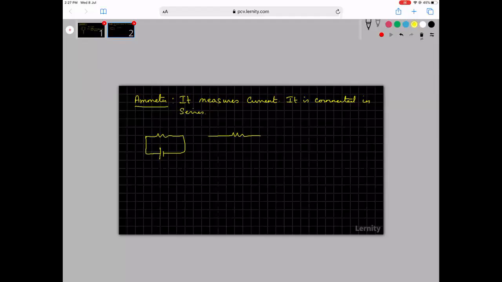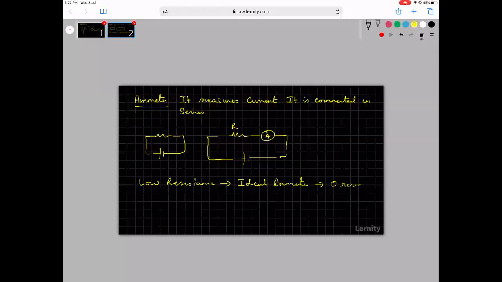Because it is connected in series, it should have low resistance. An ideal ammeter should have zero resistance, but ideal ammeters don't exist.